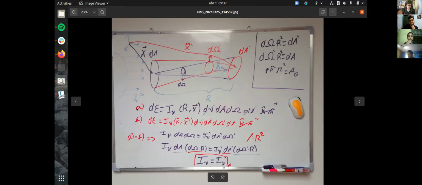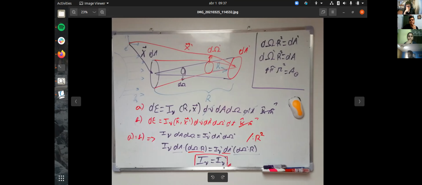So here in equation A, I wrote down the energy that goes through the first area element, and in equation B, the energy that goes through the second area element. Now, if these two are the same because we are in free space, then these are equal, and this is the equation that we get.